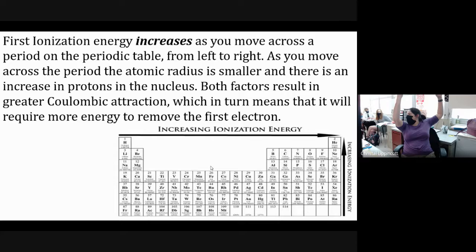Does that make sense? So your distance hasn't changed much, but the number of magnets or protons pulling on that electron has. So it's going to take more energy to pull that electron away. Does that make sense? Okay.